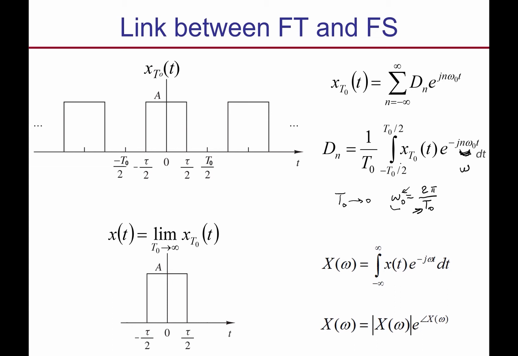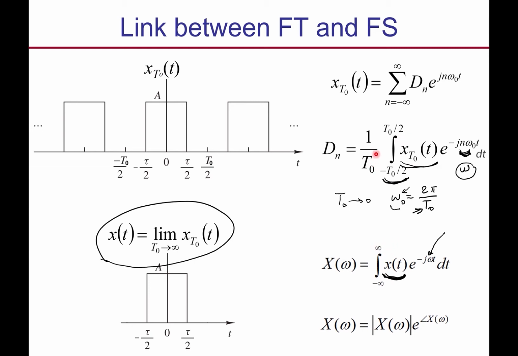So x of t0, because of this, will become x of t. N omega 0 will be continuous, so that will be here. t0 over 2 here, t0 goes to infinity, so that will be minus infinity. Here will be positive infinity.